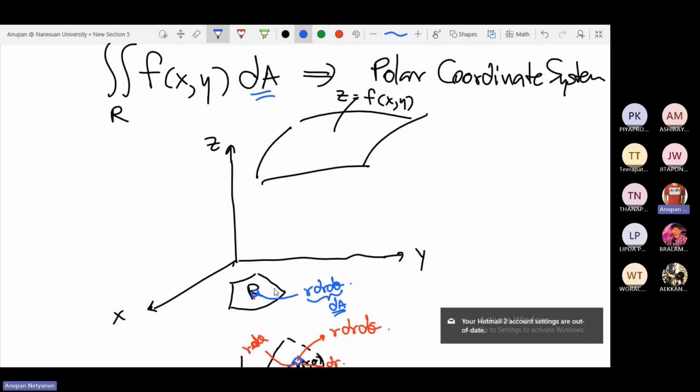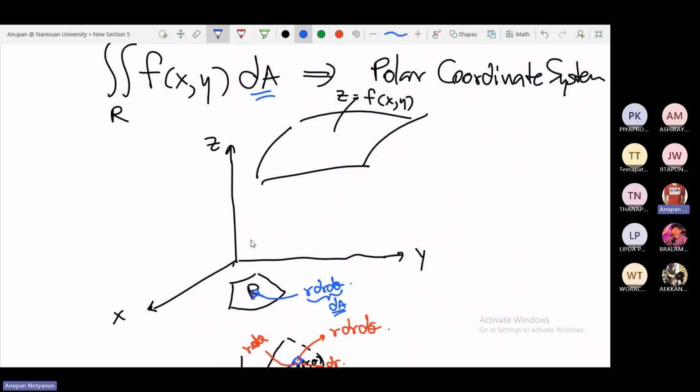When you multiply this dA to the height, remember? Once you have this, which is your dA, multiply this, it's going to be the height of this.